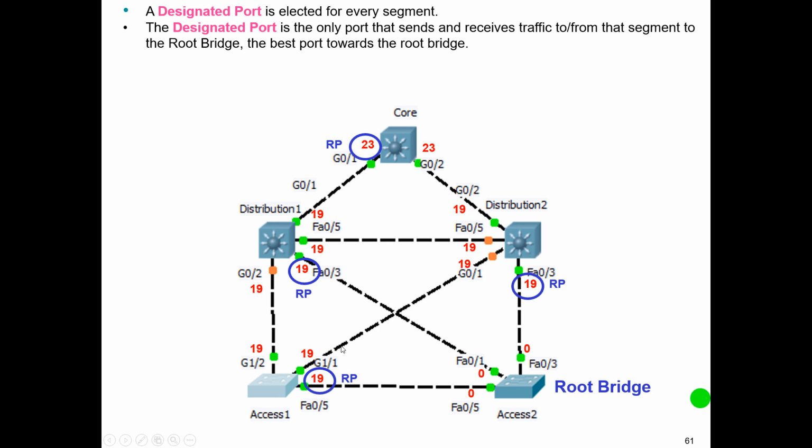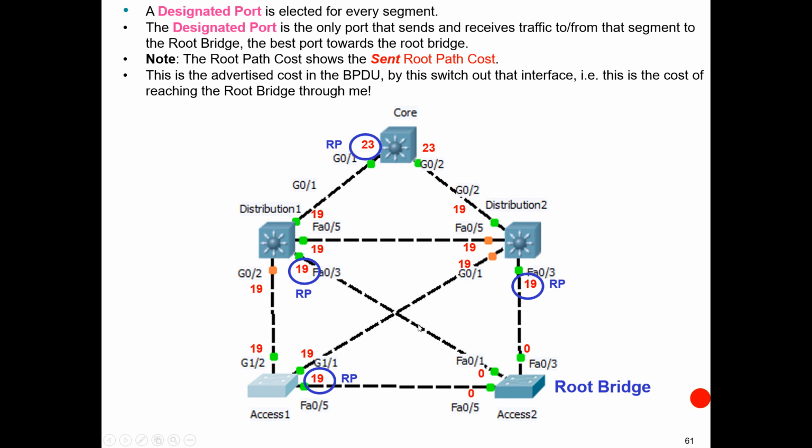The designated port is the only port that sends and receives traffic to and from that segment to the root bridge, the best port towards that bridge. The root path cost shows sent root path costs. This is an advertised cost in the BPDU by this switch at that interface, i.e., it's going to be the cost of reaching that bridge through me.